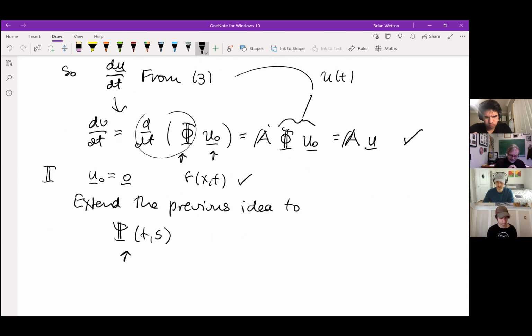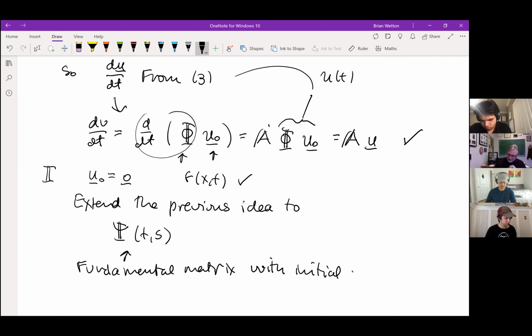This is now going to be the fundamental matrix, but with initial data at time s.